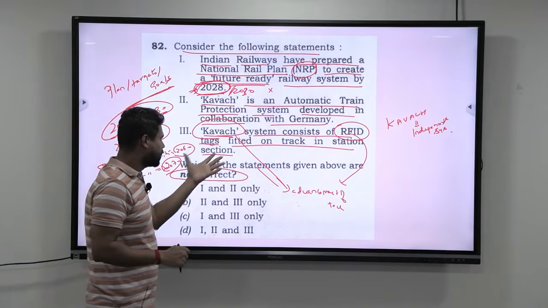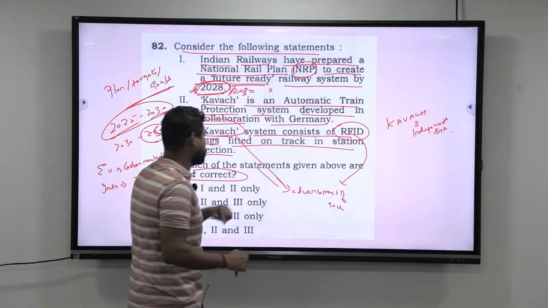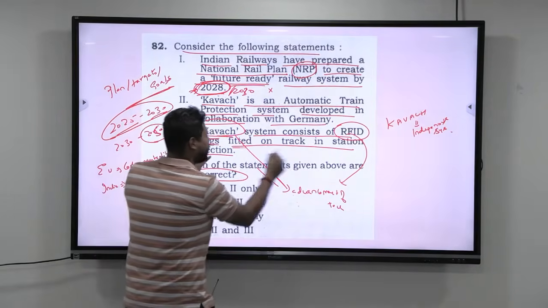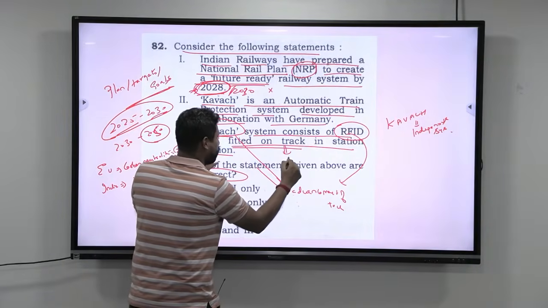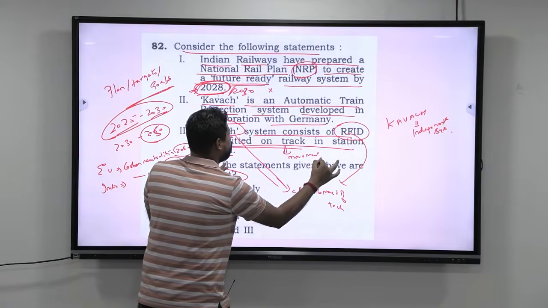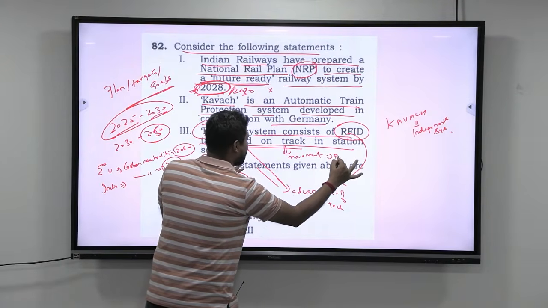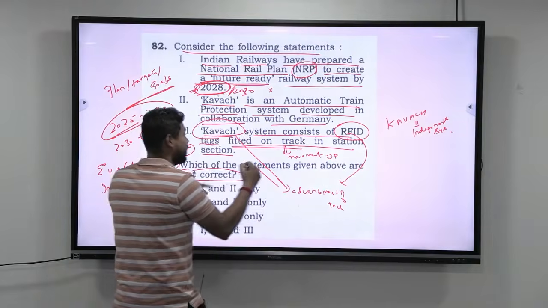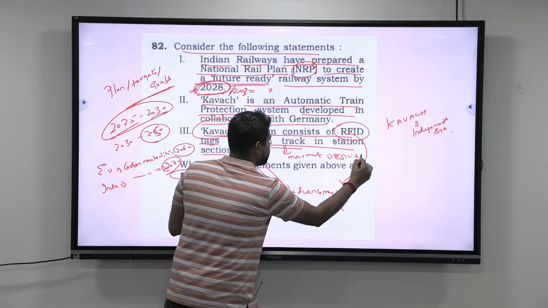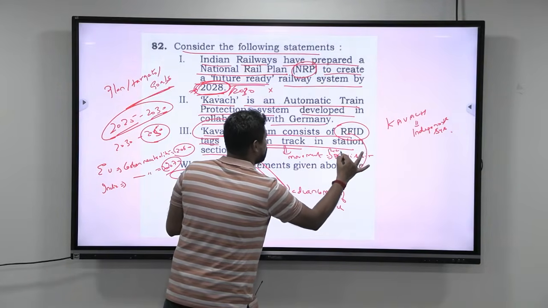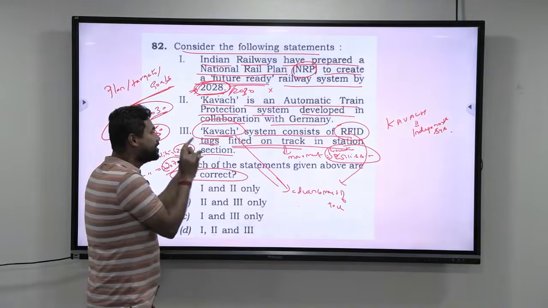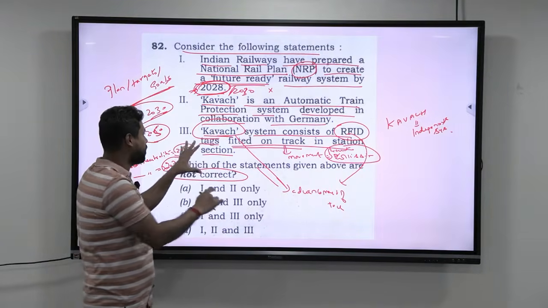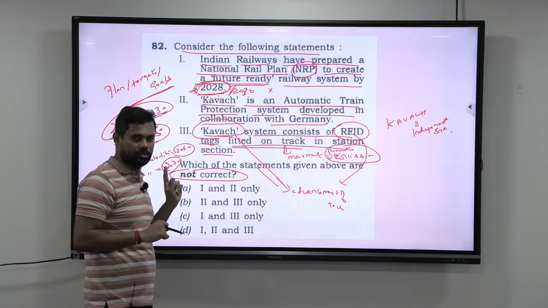Fitted on track can help us know the movement of the train, and that can help us take precautionary measures if the train is going to collide with anything. So it is going to prevent collision. That makes sense with my assumption of what the Kavach system is.